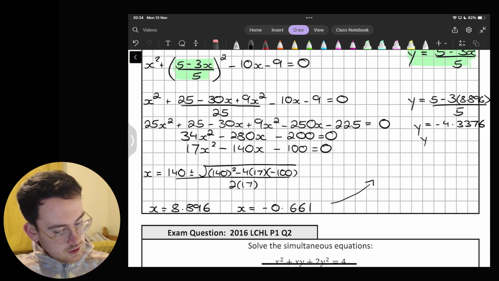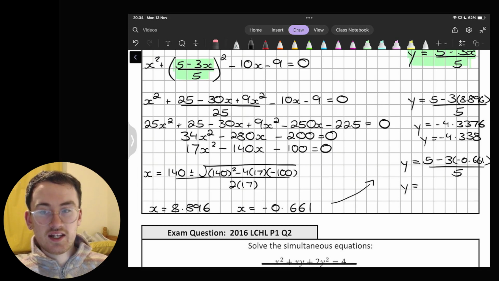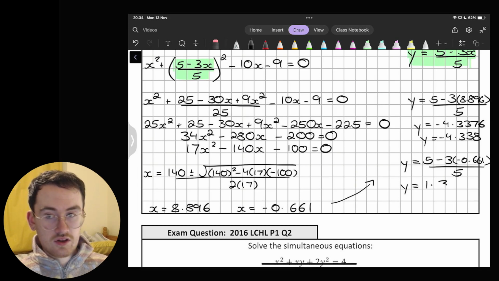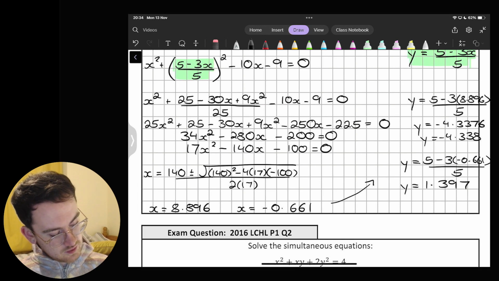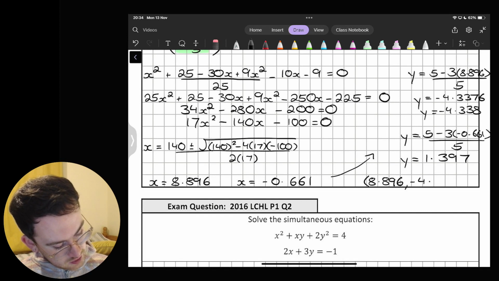We could round that to 3 decimal places as we've done with the x's, so minus 4.338. For the other x value, minus 0.661, again all over 5, I'm going to get an answer of 1.397. So my 2 points here are 8.896, minus 4.338, and minus 0.661, 1.397.